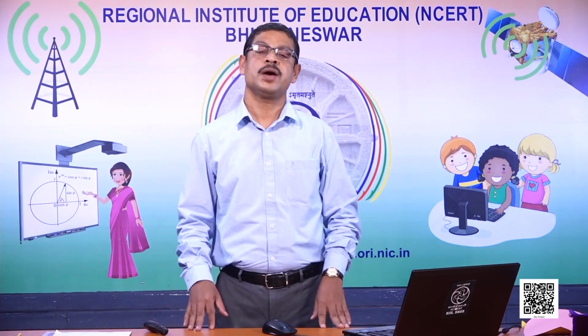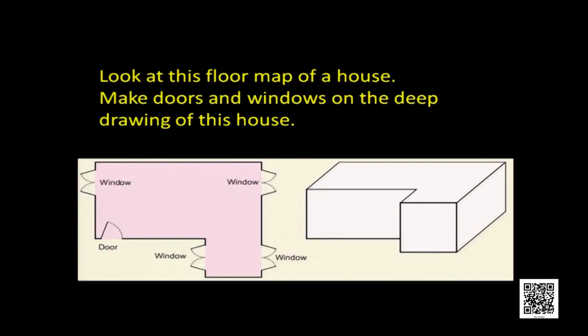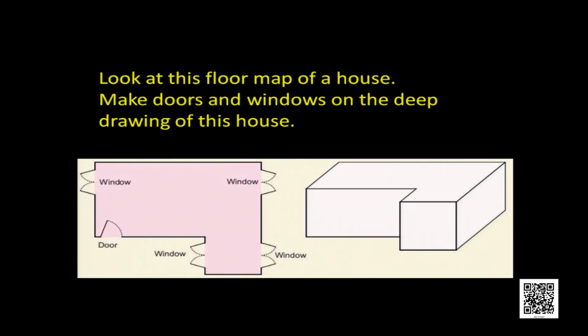Now, look at the floor map of a house, make doors and windows on the deep drawing of the house. Now, you see in the front side it is the door, at one corner you can draw the door there. Similarly, in the right part 2 windows are there. Here you can see the movement of the mouse.